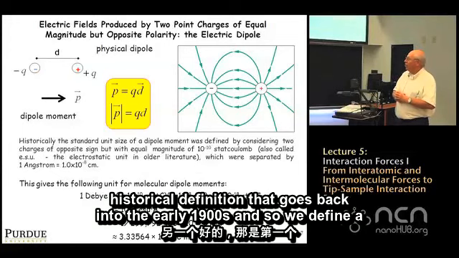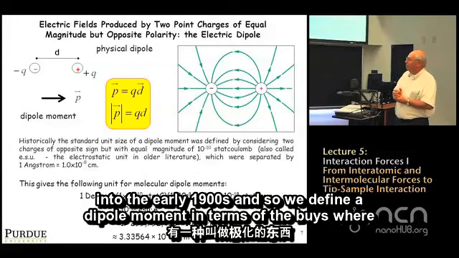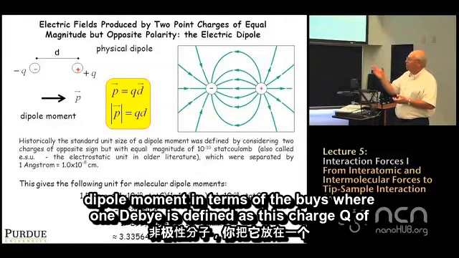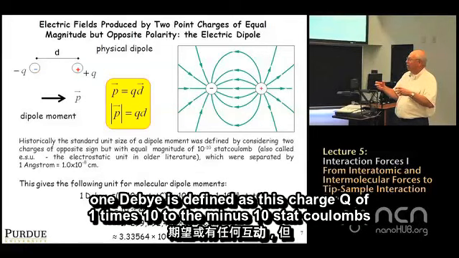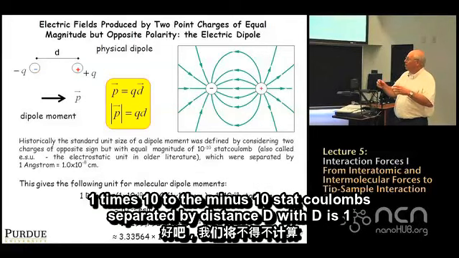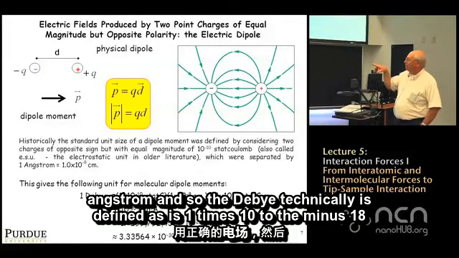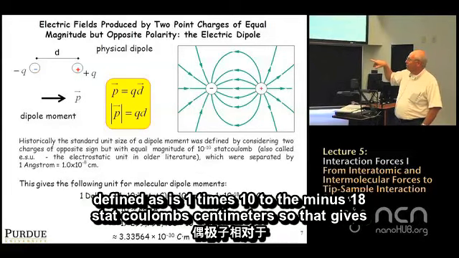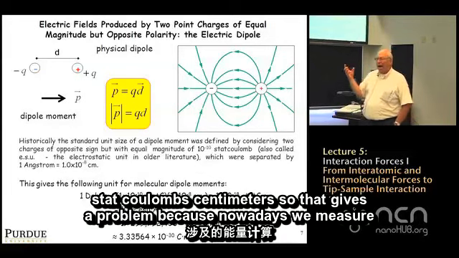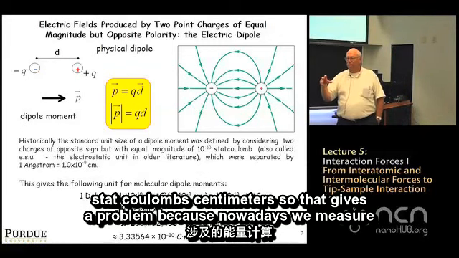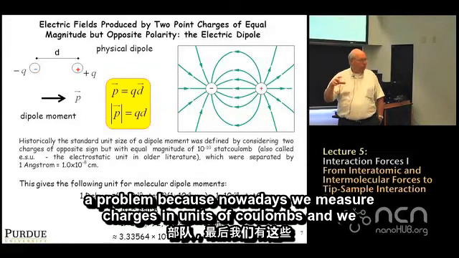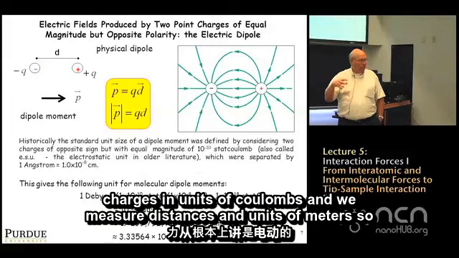And so we define a dipole moment in terms of debye, where 1 debye is defined as a charge q of 1 times 10 to the minus 10 stat coulombs, separated by distance d, where d is 1 angstrom. So the debye technically is defined as 1 times 10 to the minus 18 stat coulomb centimeters. That gives a problem because nowadays we measure charges in units of coulombs, and distances in meters.